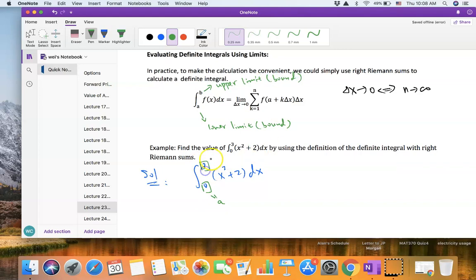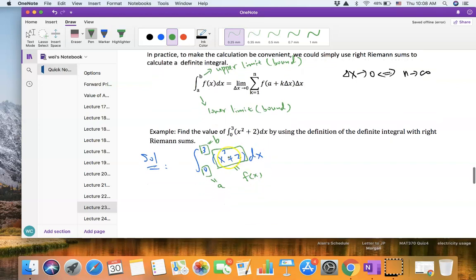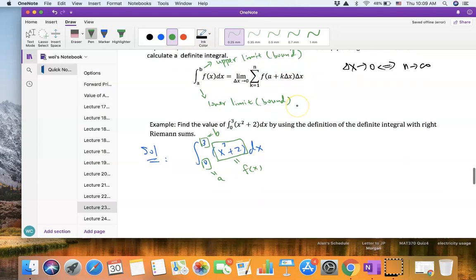So the upper bound is 3. Okay, and the function f(x) is x squared plus 2.